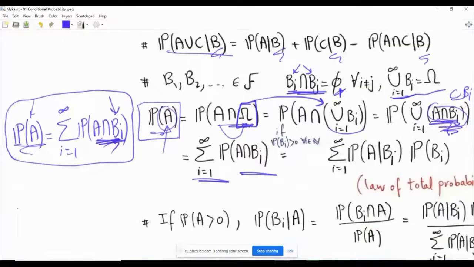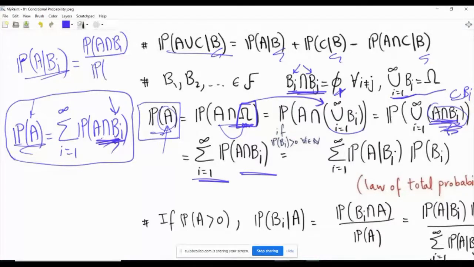We can take it a step further. If the Bi's have non-zero probability, so the probability of Bi is strictly positive, then remember that we have the probability of A given Bi. If the probability of Bi is not zero, this is well defined. What it is, is the probability of the intersection divided by the probability of Bi. So what you can do is simply say that the probability of the intersection is this product.